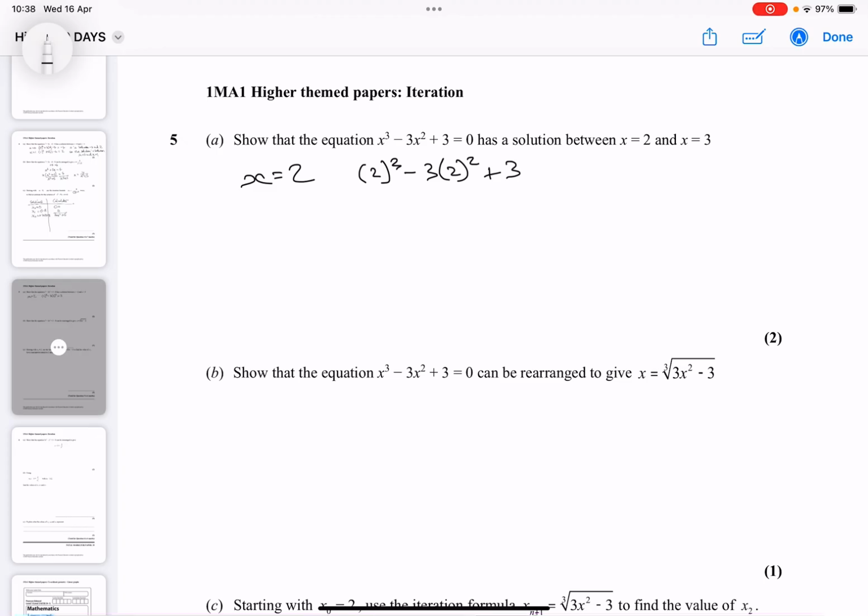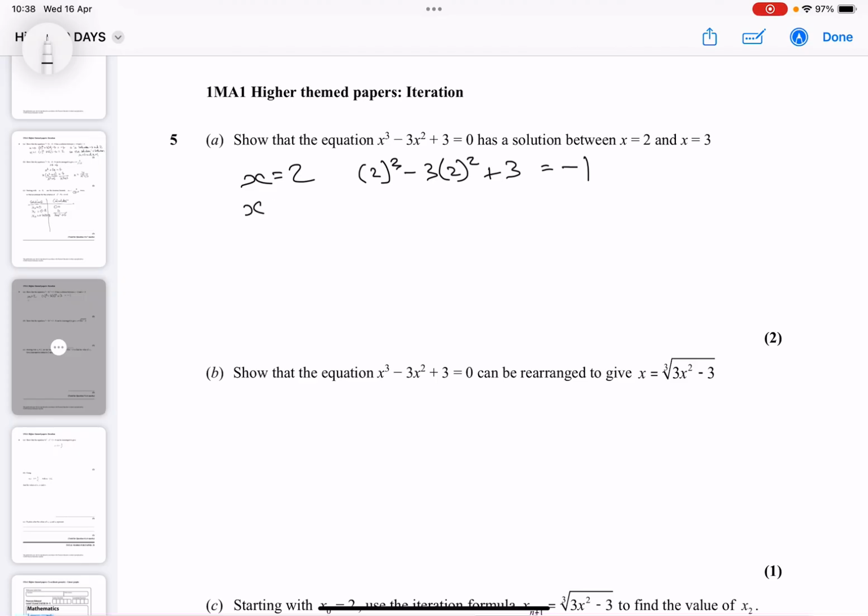This time I will use the calculator, make sure we don't make any mistakes. So I've got brackets 2 cubed minus 3 lots of 2 squared plus 3. That gives me minus 1.